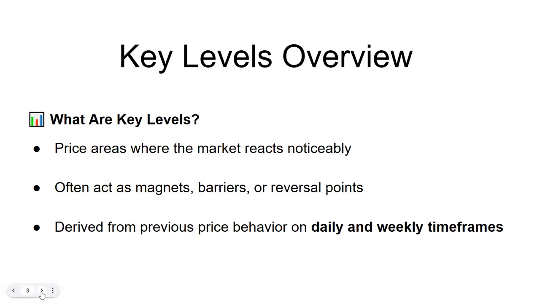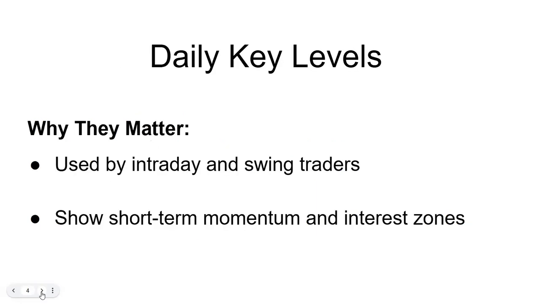For a new weekly, daily, or hourly key level to be formed, it has to react from previous price history. Okay, so now, daily key levels, why do they matter?